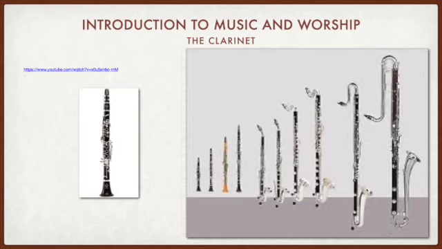The name clarinet comes from the Italian word clarinetto, which means little trumpet. This name was given to it because the early clarinets had a sound similar to a trumpet, particularly in the middle range. While the clarinet was prominent in early jazz styles like Dixieland, it was probably at its peak of popularity in the swing era of the 1930s and 40s.